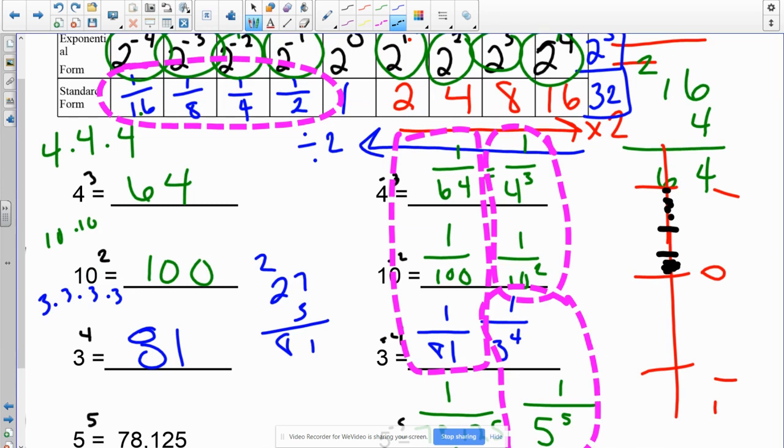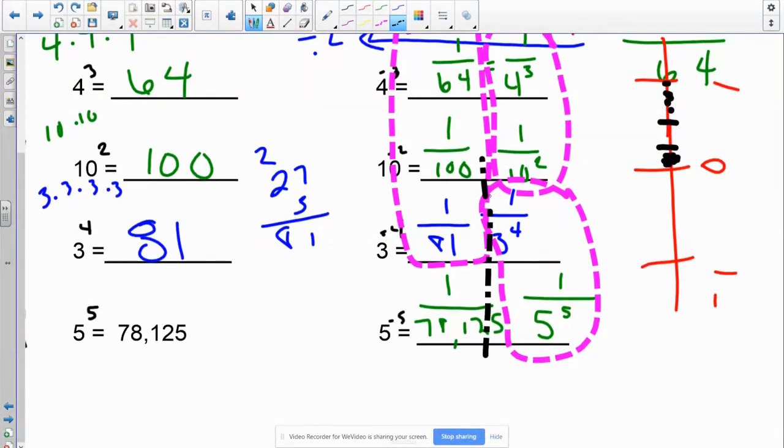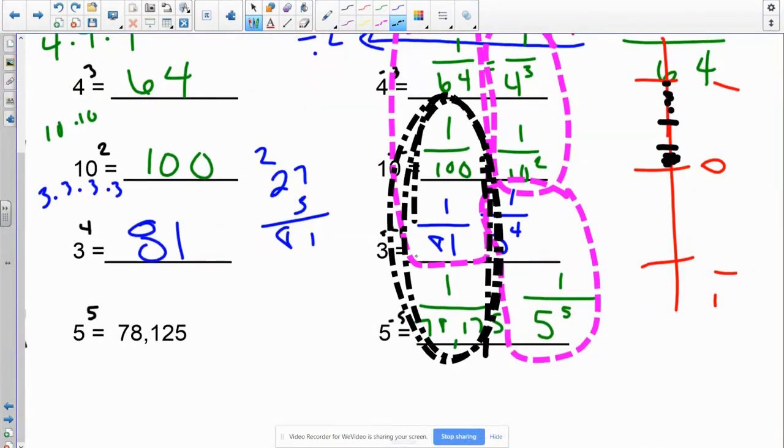And notice that we never get a negative value. I could do multiple examples of this, but you're going to notice this never becomes negative. So the question again was, on a number line, between which two whole numbers would all negative whole number exponents be located?